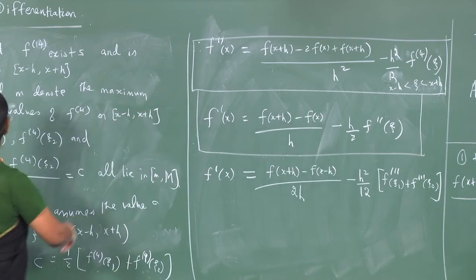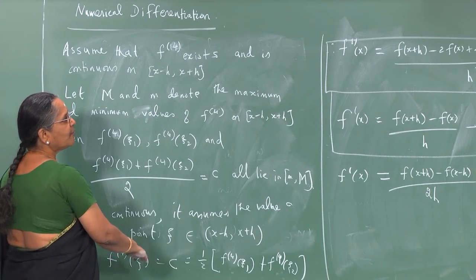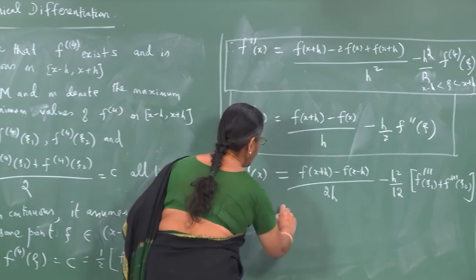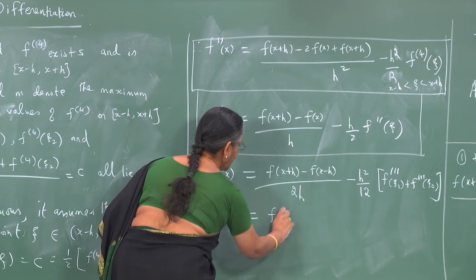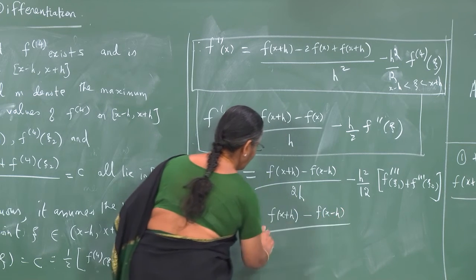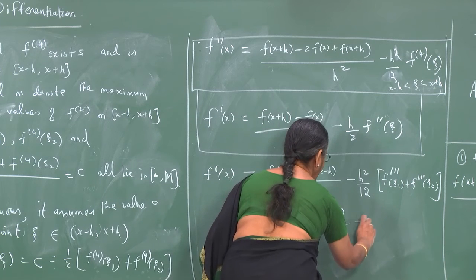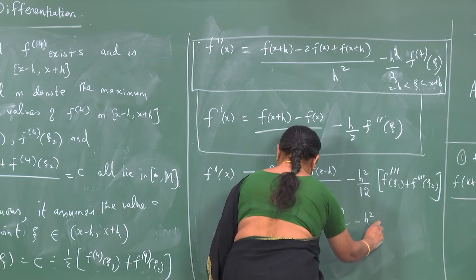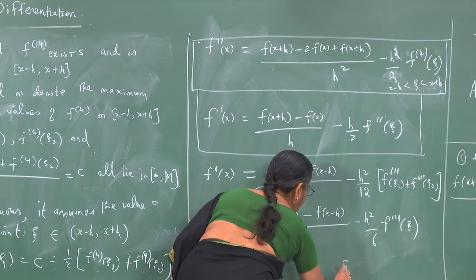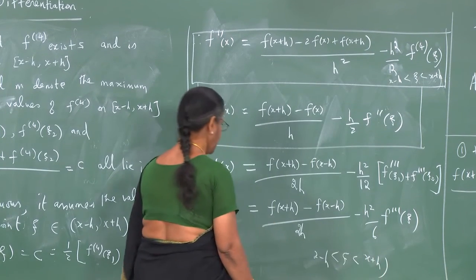And by arguing in a way similar to this, while deriving an approximation for f double prime, you can show that f prime x can be estimated using the first term in this formula, and the second term is minus h square by 6 into f triple prime at psi, where psi lies between x minus h and x plus h.